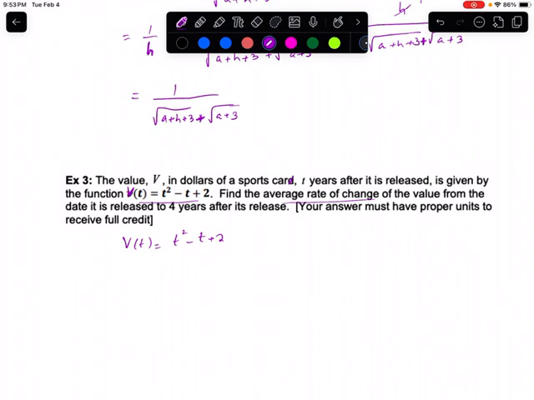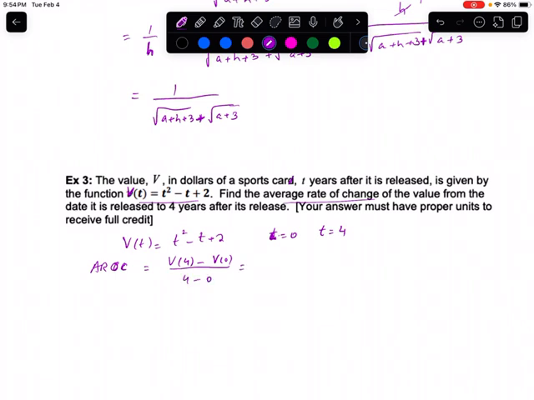When it is released, we can say t is equal to 0, and then we are looking at t is equal to 4. So what will be the AROC? It will be V of 4 minus V of 0 over 4 minus 0.